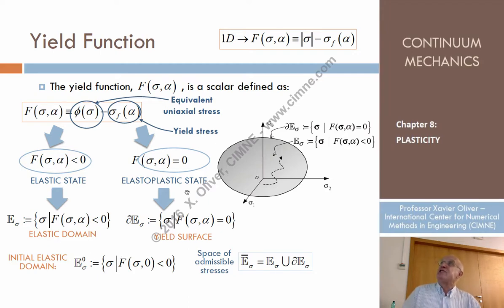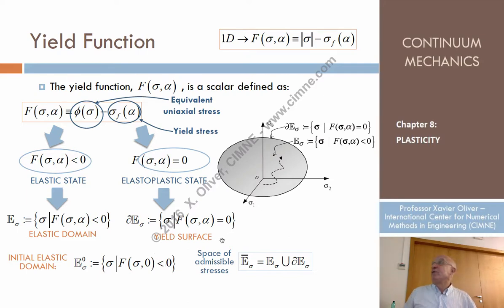Okay? So that again defines the elastic domain. Of course, there is an initial elastic domain, that surface. What happens when alpha is equal to 0? When we have the virgin material, there is no elastoplastic strain. The material comes out from the factory with no generation of elastoplastic strain. Then, of course, that function takes a certain value, depending on the definition. There is an original elastic domain, which is the set of stresses such that the function f specified for alpha equals 0 is smaller than 0.